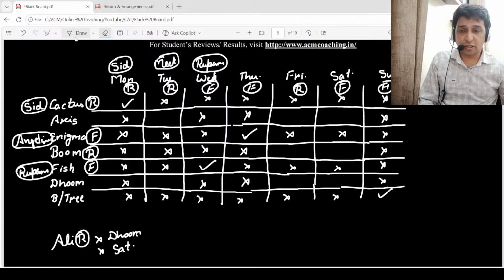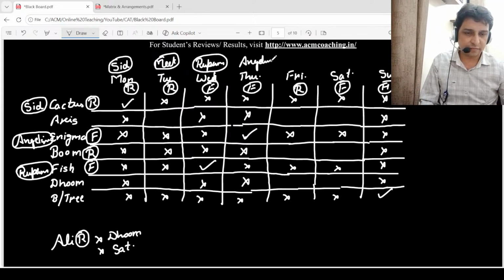Now Ali is not with Dhoom. So Dhoom has some other vocalist, and Ali cannot be on Saturday. Now here on Thursday we have Angelina, and if Ali cannot be on Saturday, that means Ali is on Friday, and Bonnie will be on Saturday.